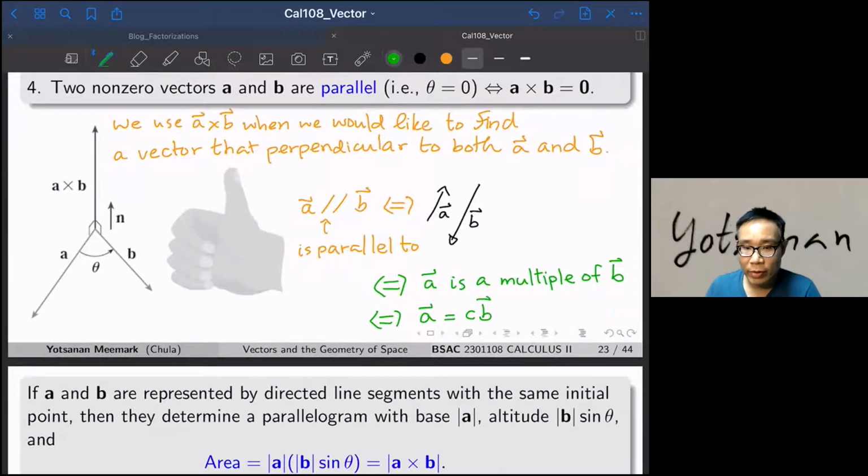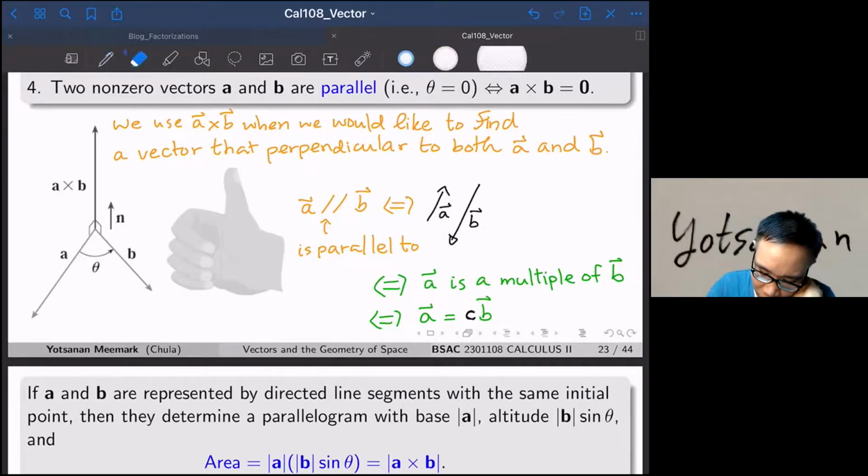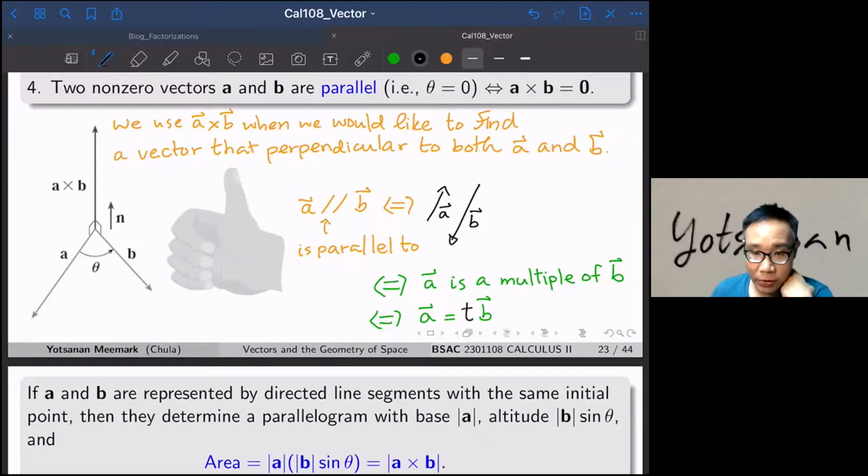So it's going to be a multiple of B. So A is going to be a constant multiple, so you're going to have a constant C that plays a role here, and A is going to be equal to C times B, okay, so that means parallel. Normally we're going to use parameter T for this job in order to determine parallel.